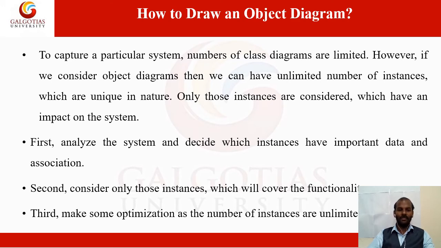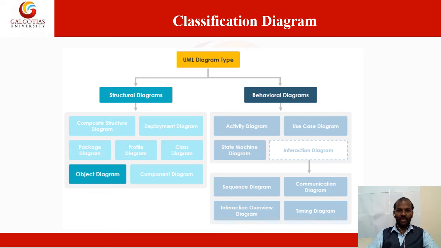Second, consider those instances which will cover the functionality. Third, make some kind of optimization as the number of instances is unlimited. So among these three categories, you can draw the object diagram in any circumstance according to the particular problem statement, right?